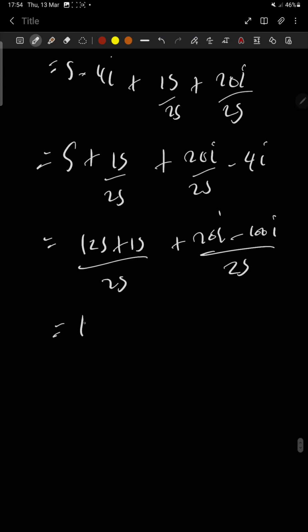So this will be 140 over 25, then minus 80i over 25, something like that, right?